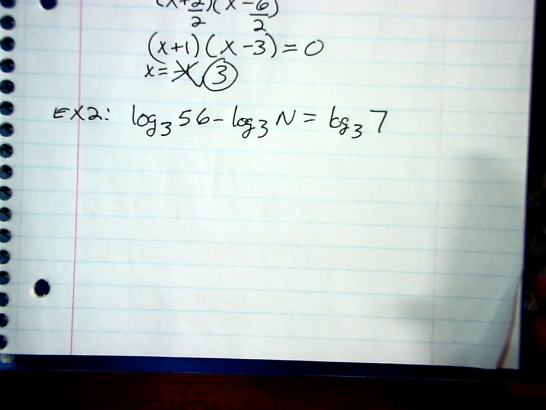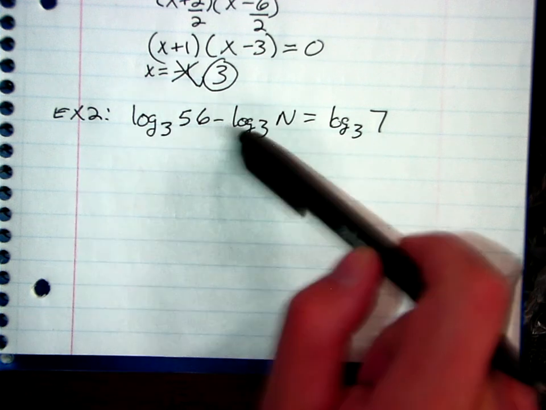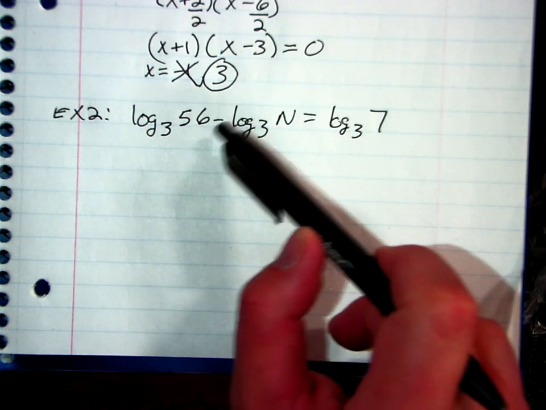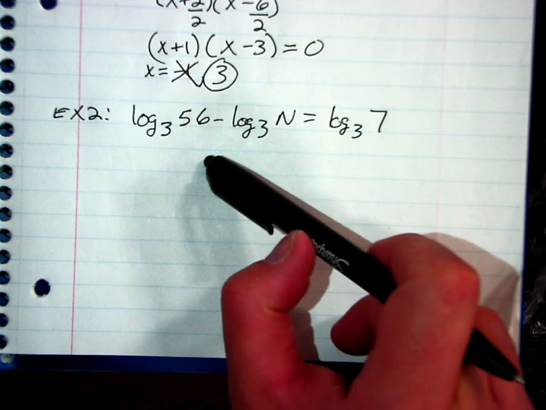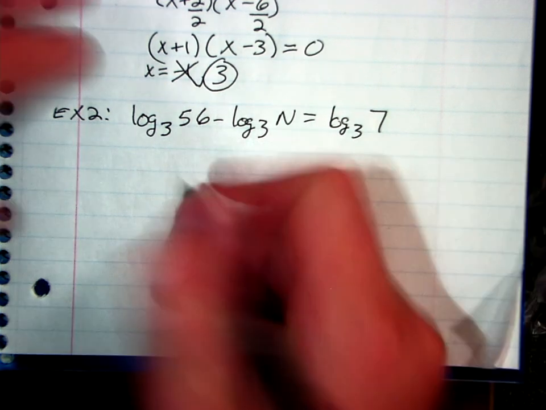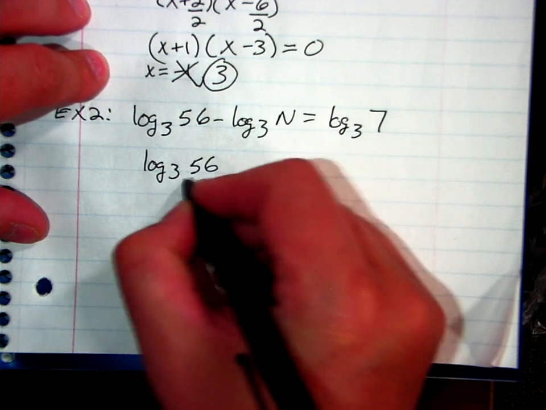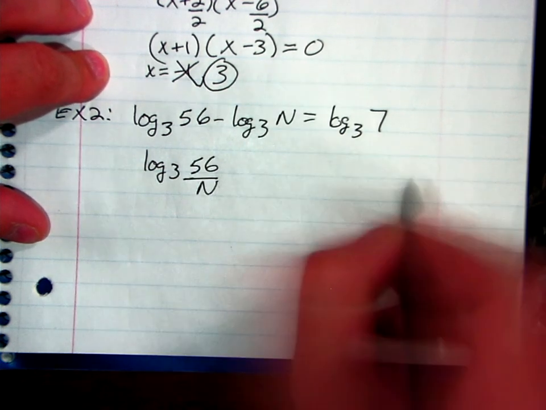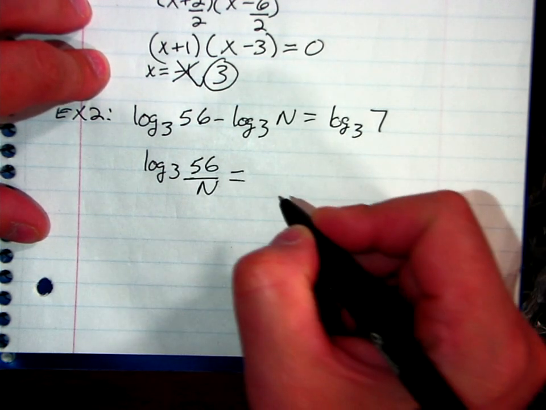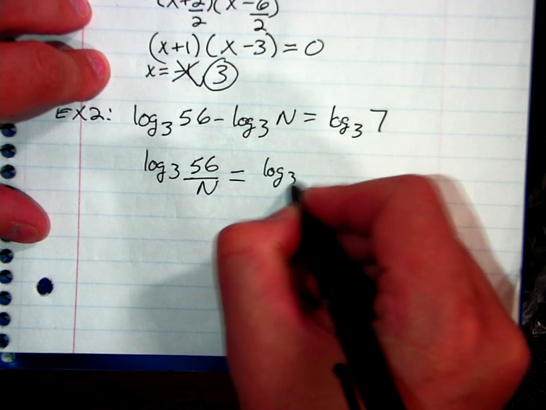So you were supposed to condense logs. So this is subtracting, so I can condense it. What operation condenses with subtraction? Dividing. So log base 3, 56 over n equals log base 3, 7.